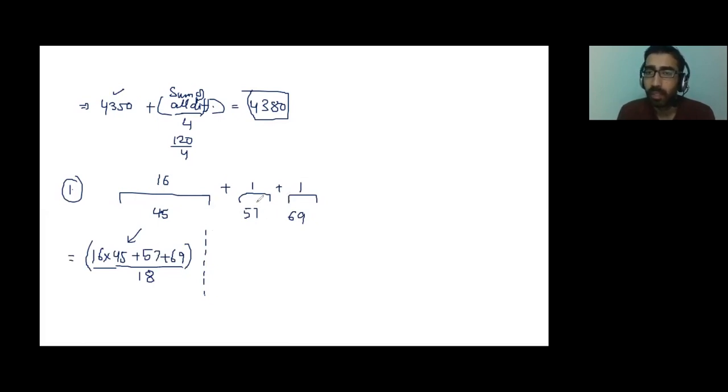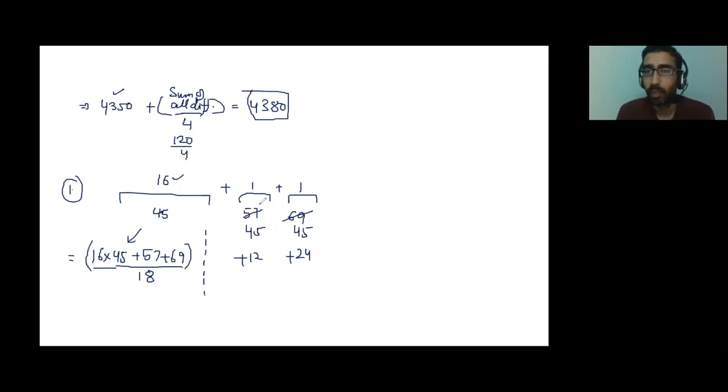What do I mean? Instead of 57 and 69, let's say the first person keeps 45 chocolates with him or her and gives away 12 chocolates. And the second person also keeps 45 chocolates and gives away 24. So assume each of the 16 people had 45 chocolates in their bag.